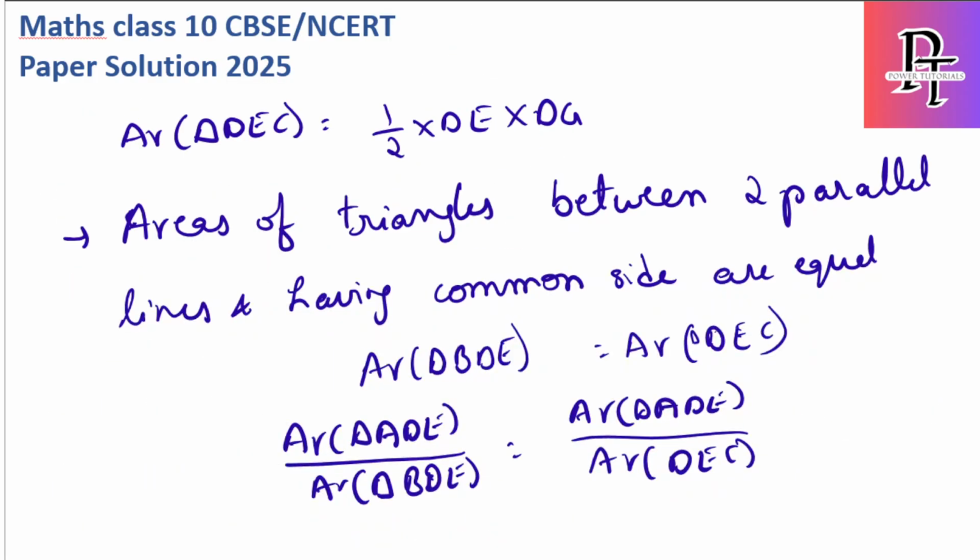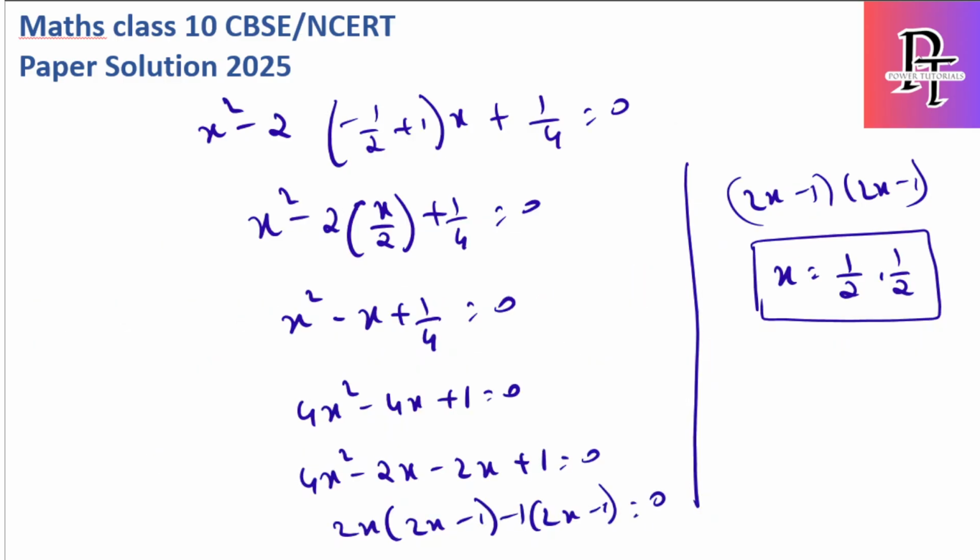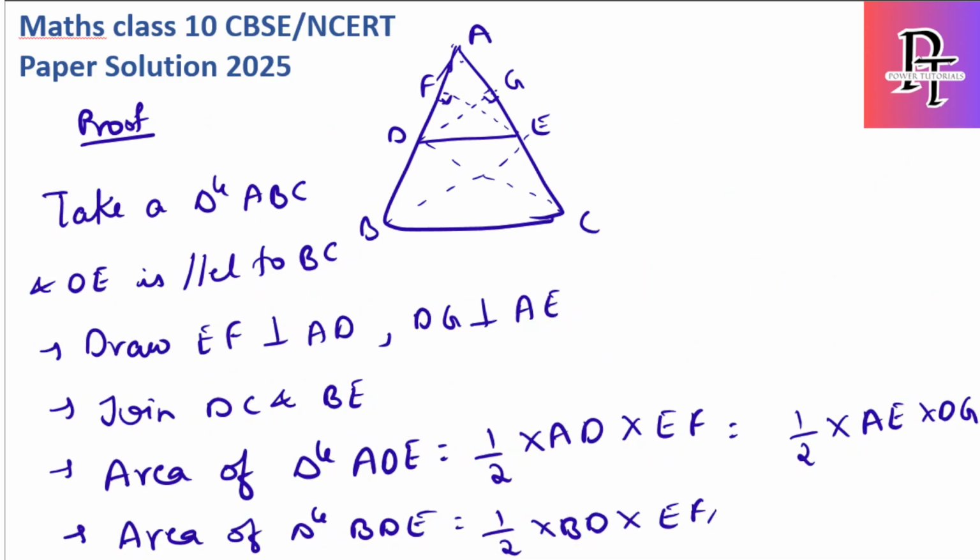Wait, this is wrong. It's not DE, it's half into EC into DG.